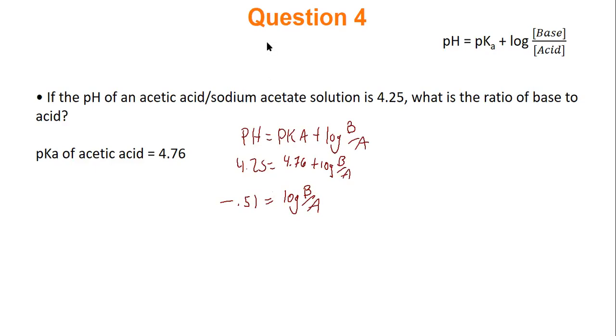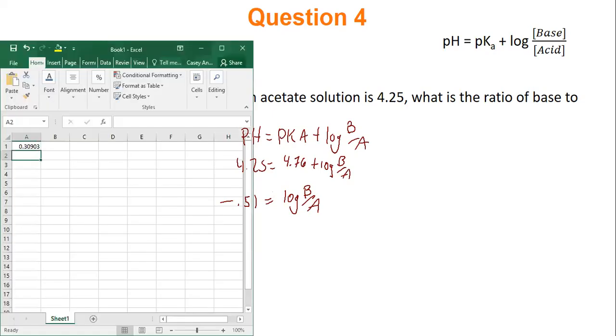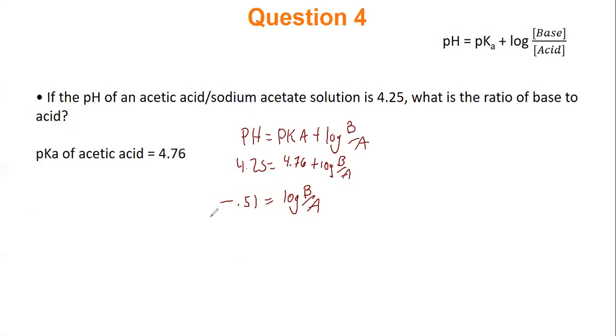And I'm just going to double check my calculation before I continue, because I have a bad habit of miscalculating stuff. Okay. So I take each side 10 to the power. 10 to the power of log cancels out. 10 to the power of negative 0.51 is 0.309.